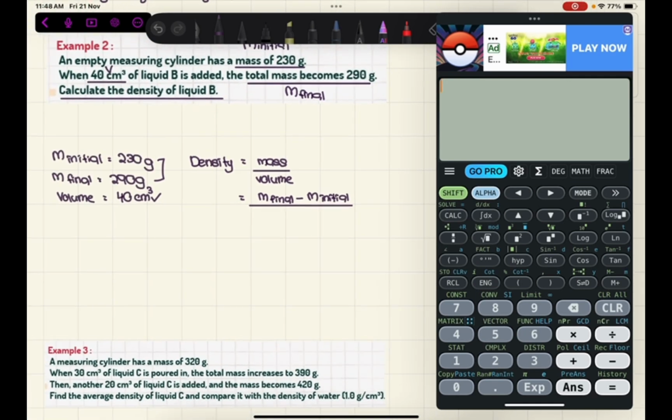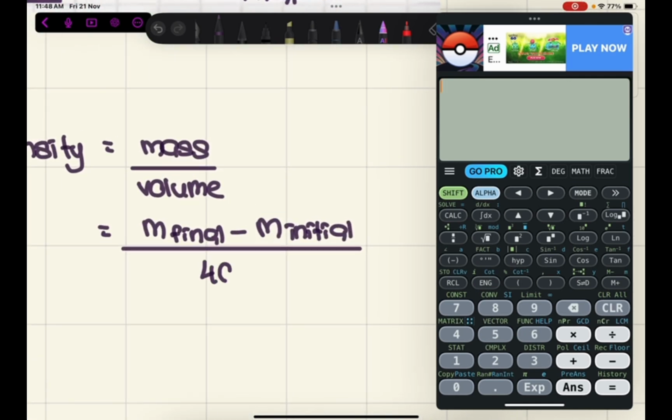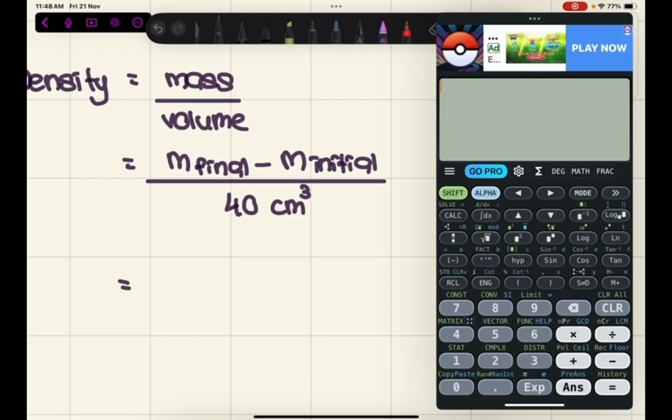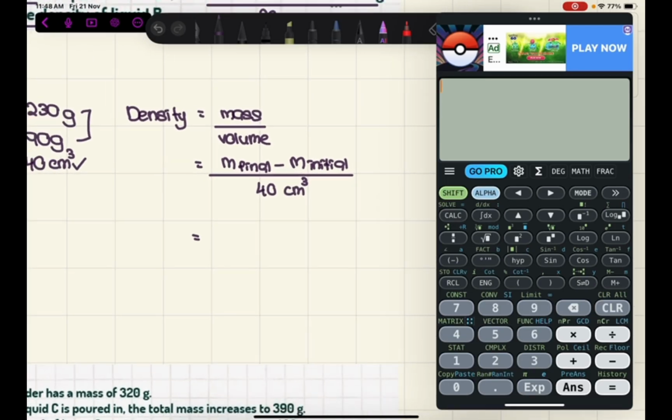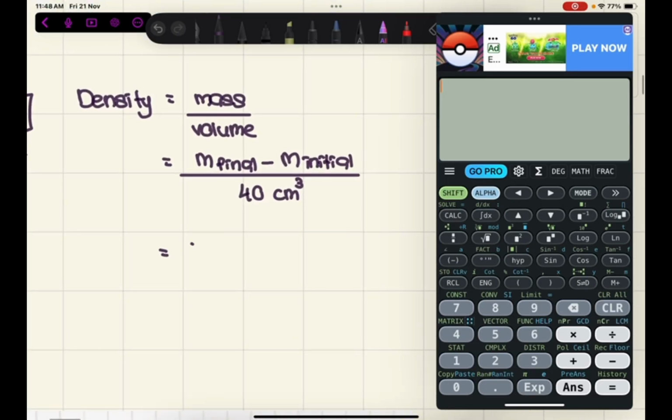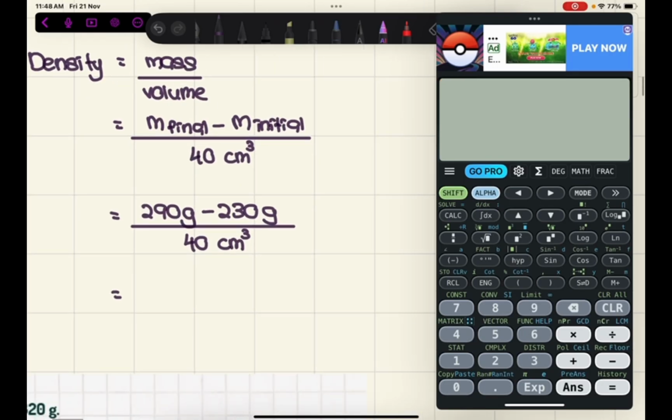The volume for this question is 40 cm cube. Final mass is 290 gram minus 230 gram over 40 centimeter cube. Use your calculator.